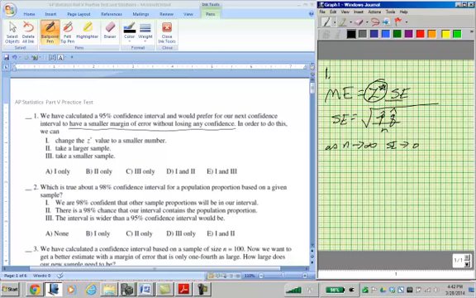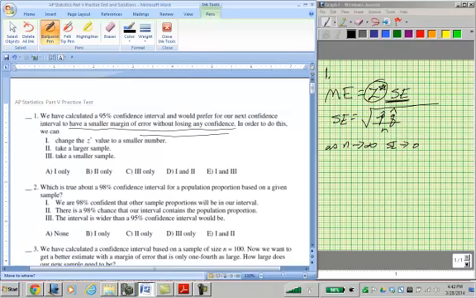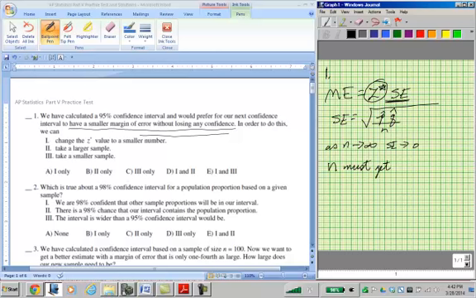Then the only other factor that you can modify is the standard error. So the only other way to make the margin of error smaller without losing any confidence is to make the standard error smaller, which means N must get bigger. If N gets bigger, the standard error is going to get smaller and the margin of error is going to get smaller.